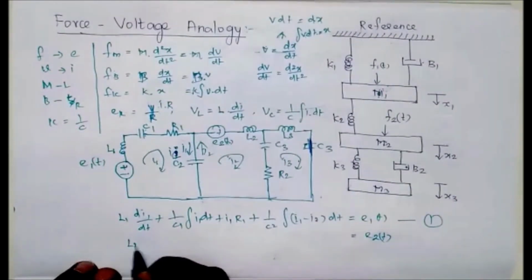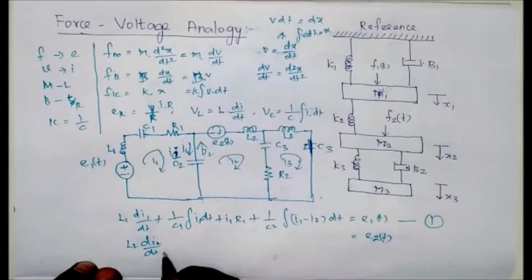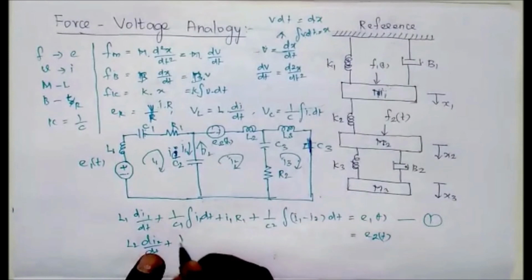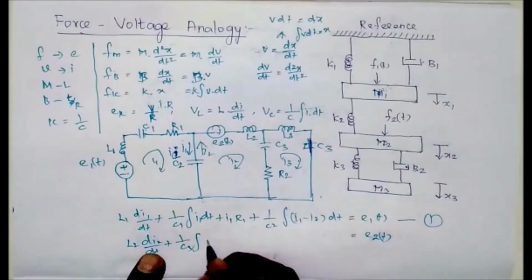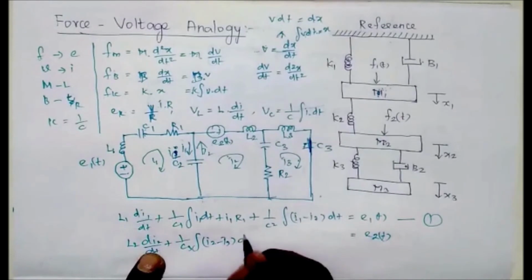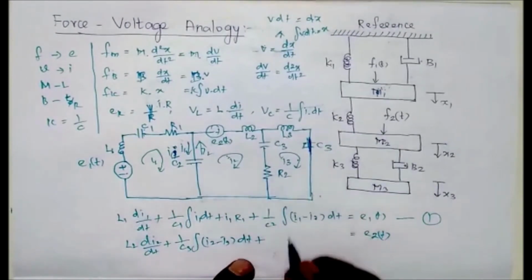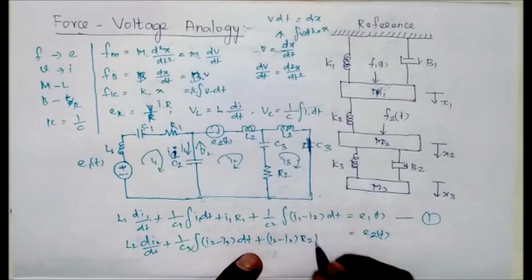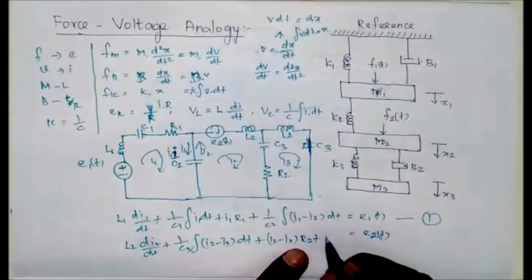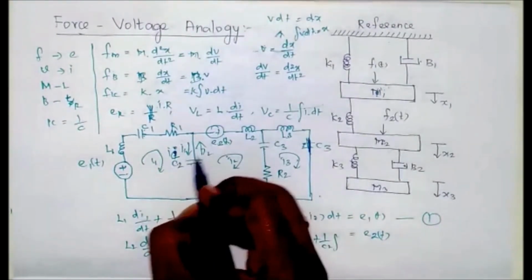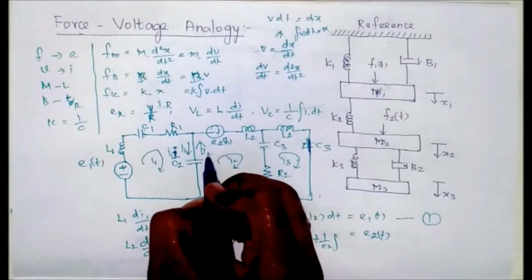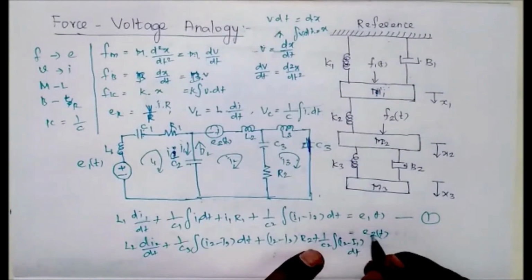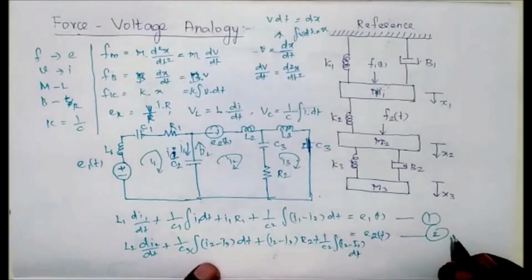The drops are L2 into di2 divided by dt, plus, since the current through this capacitor is I2 minus I3, 1 by C3 integral of (I2 minus I3) dt, plus the current through this resistor, (I2 minus I3) into R2, plus one more element, capacitor C2: 1 by C2 integral of (I2 minus I1) dt, equal to E2 of t. We consider this as equation number 2.